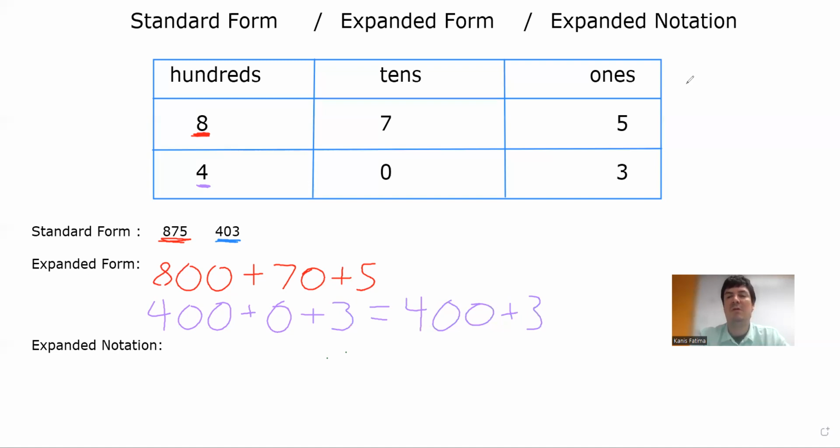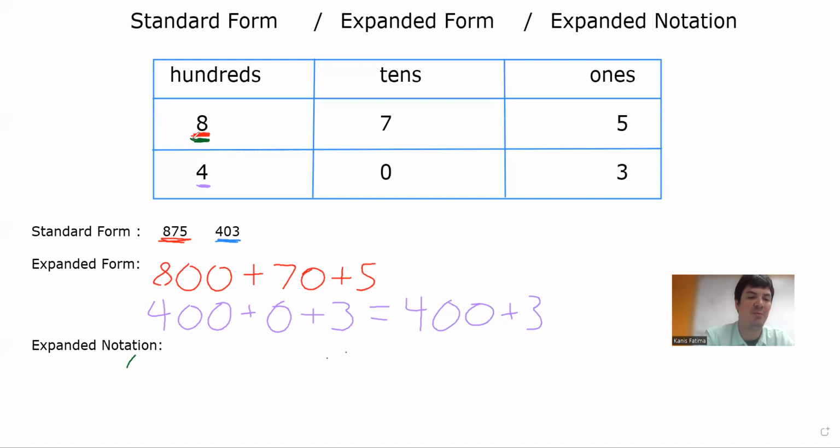Now, I'm going to show you how to write expanded notation. So again, going back to our first number, 875, I'm going to look at our first digit, 8. 8 is in the hundreds column. So this time, I'm going to take my digit 8.